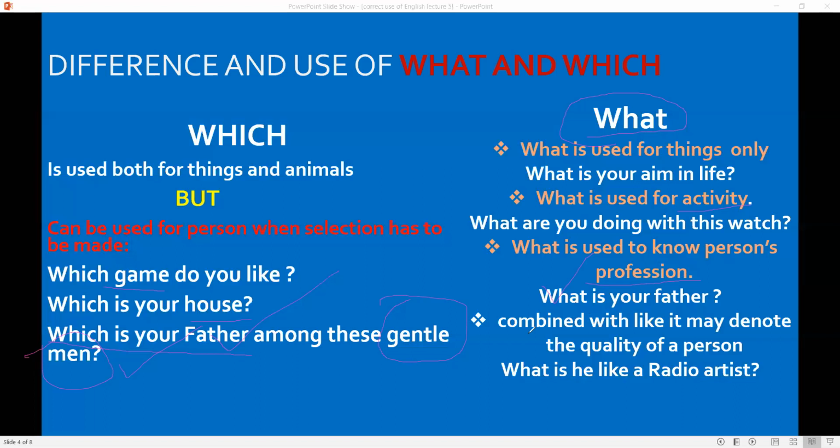When what is combined with like, it may denote the quality of a person. What is he like? What is his quality, like a radio artist? How successful he is, how is the quality of his performance on the radio. When what is combined with like, it is used to ask the quality of something or some person in the sentence.